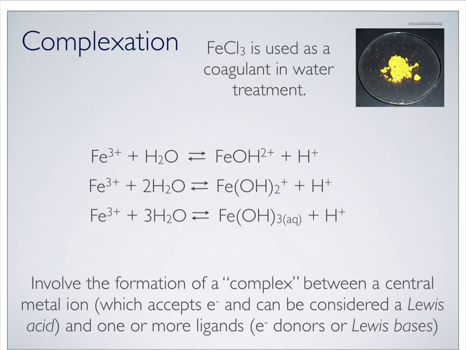So we've got Fe with 1 water added, so we've got FeOH2+, we can add 2 waters, we get FeOH, and there's 2 of those groups attached to it, and then we have a third where we have 3 OH groups attached. So there's a wide range of different complexes that form in this one solution.